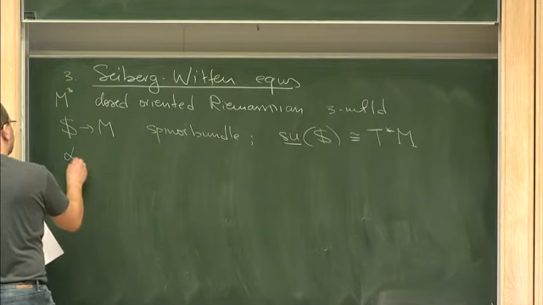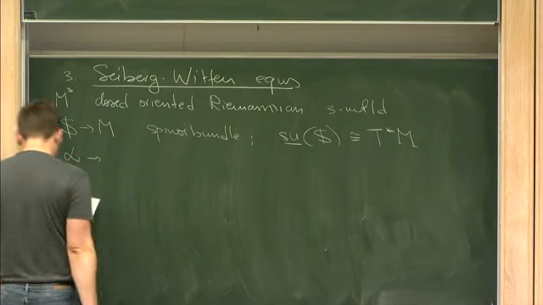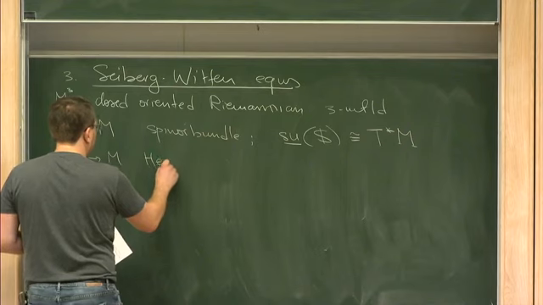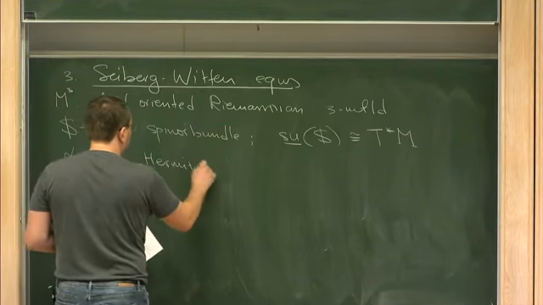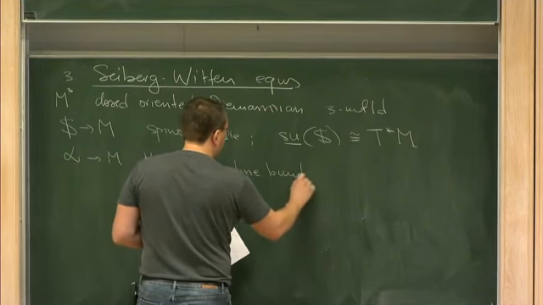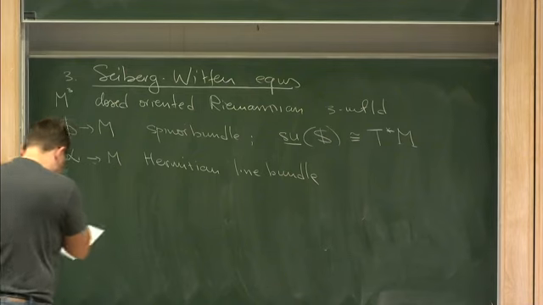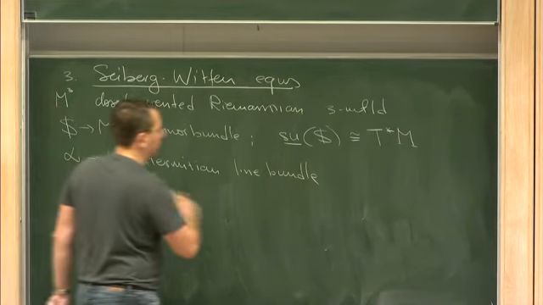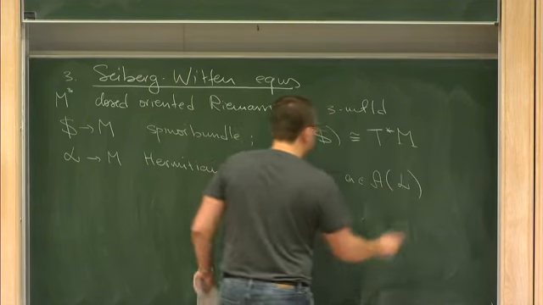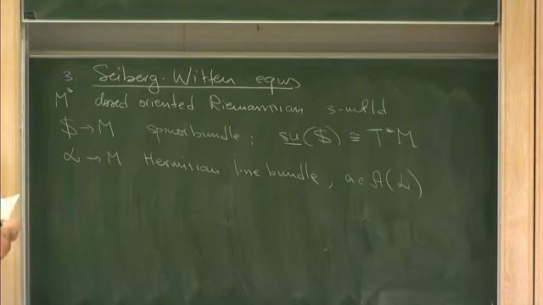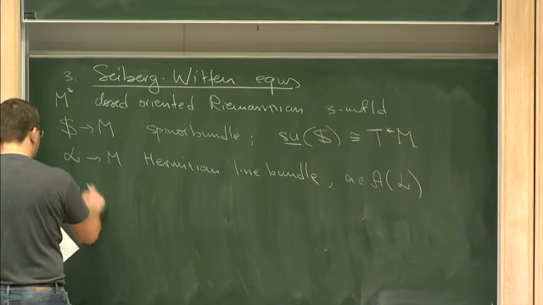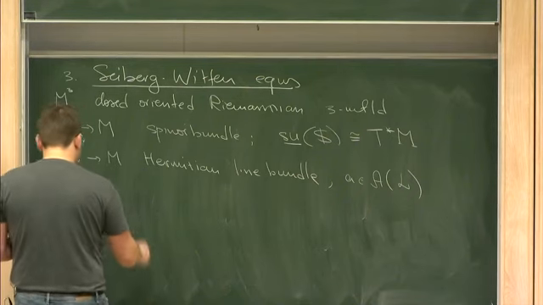And then we also choose a Hermitian line bundle L and a connection on L. So A is a Hermitian connection on L. And we consider the following equations, which I will call Seiberg-Witten equations with n spinors.